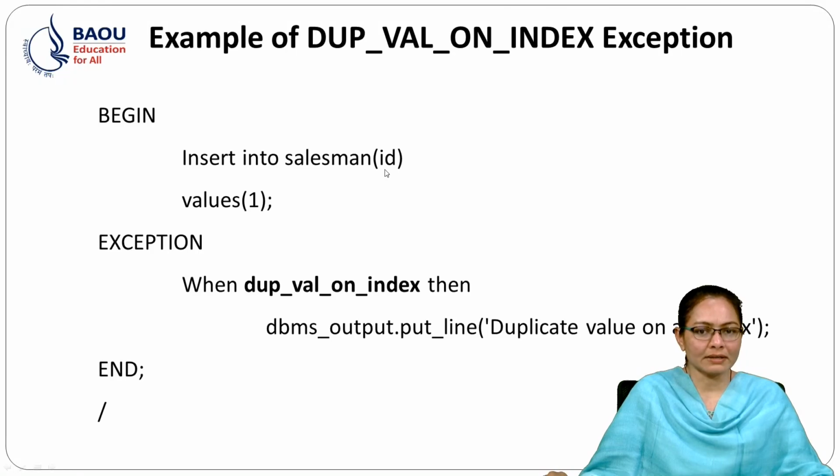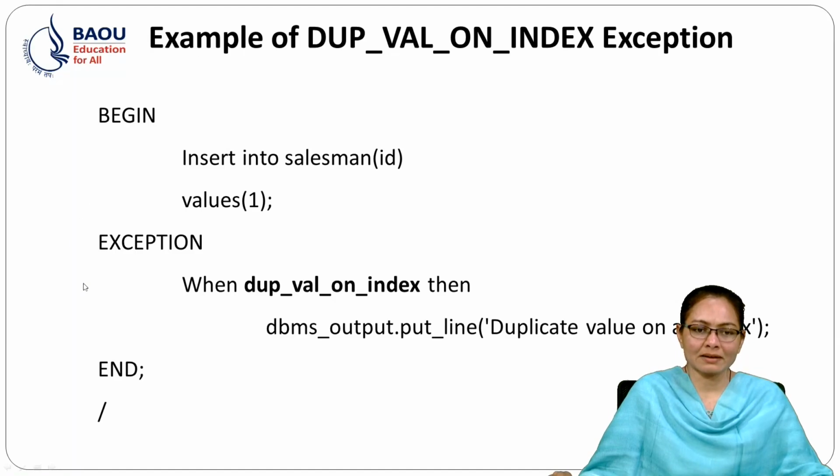So it will not store a duplicate value, and if you try to insert a duplicate value, like in begin, insert into salesman with ID value 1, which is already inserted in the ID column, then an exception or duplicate value error is generated.